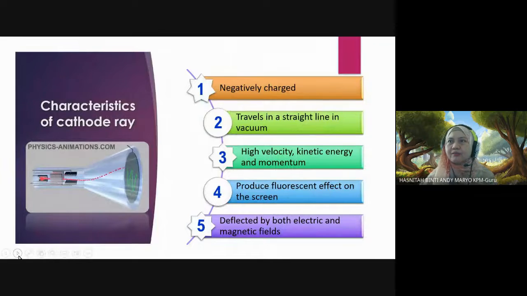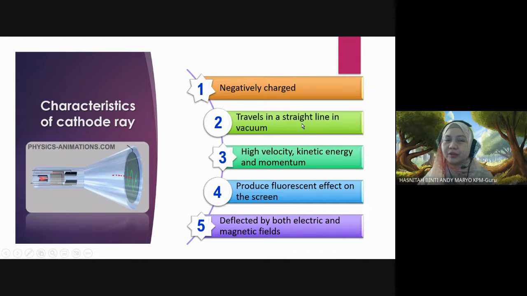First and foremost, you must understand these are the characteristics of cathode ray, students. Cathode ray is a negatively charged particle. Second, they travel in a straight line in vacuum, as you saw in the short animation in the previous slide.